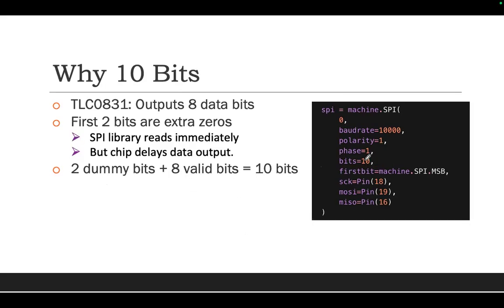Because the TLC outputs 8 bits, but the first 2 bits are actually zeros, because the SPI library reads immediately, while the chip delays data output. Like when you turn the pin on or off, it has a time delay. So 2 dummy bits plus 8 valid bits is 10 bits. Yeah, when you do the lab, just pay attention to that. Any questions so far?